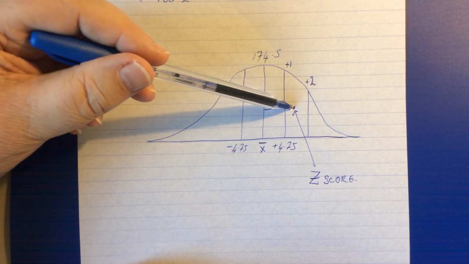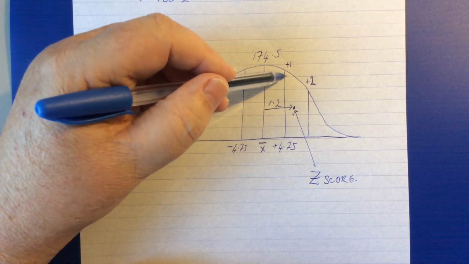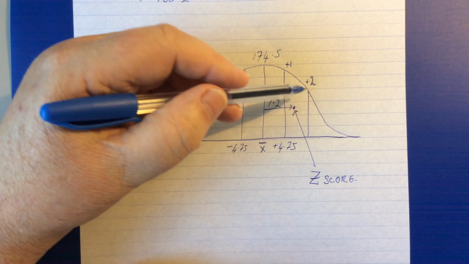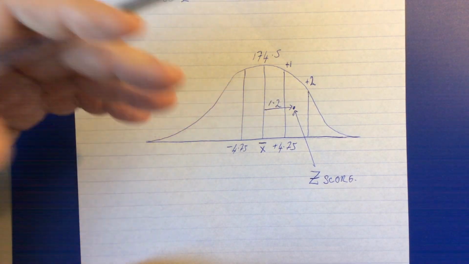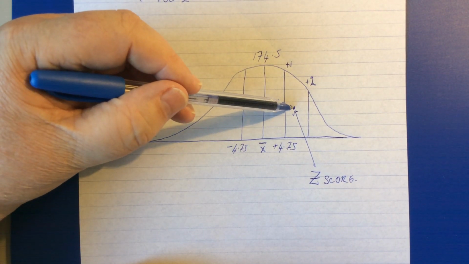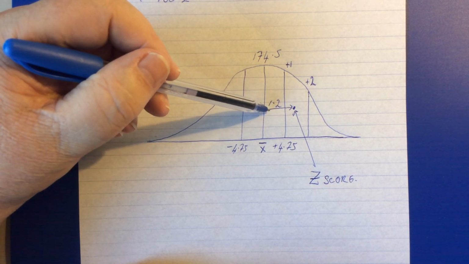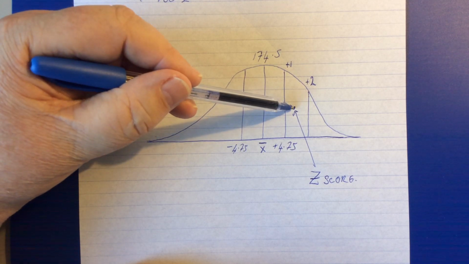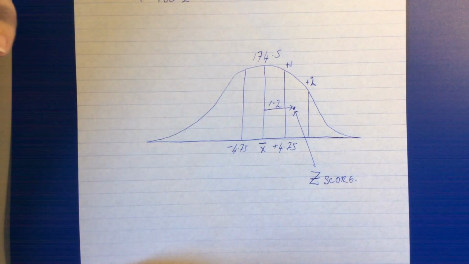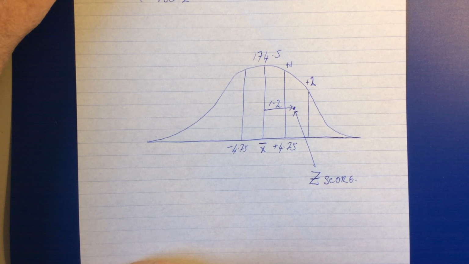Now our person's Z-score was 1.2, and that places it between the first and second standard deviation approximately here. So in a graphical sense, you can see how a z-score works here. It's the distance of a piece of data from the mean, and this is 1.2 standard deviations. Anyway, that's just a little illustration of what we're dealing with.